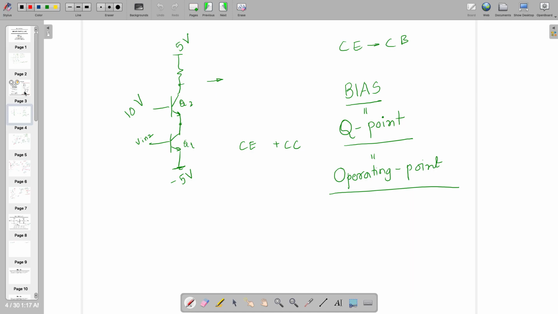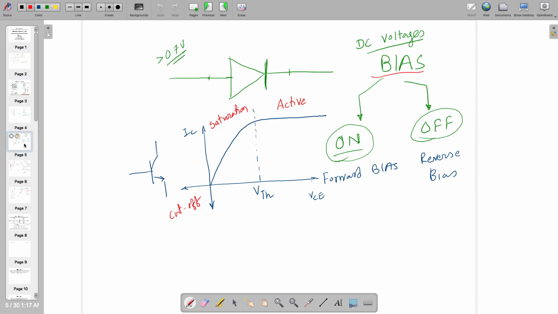Okay. So we were here. If your transistor has so much VCE, so much value of VBE for so much current, this point is known as the active Q point or biasing point, biasing condition, or operating point.